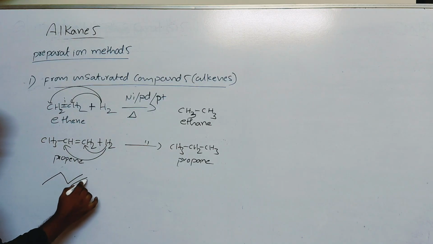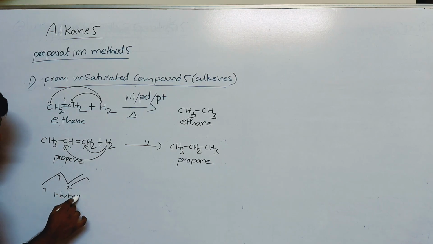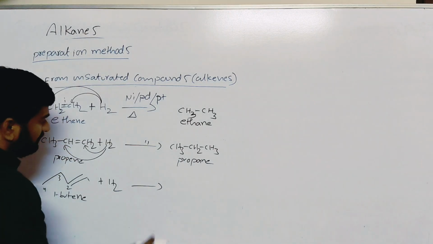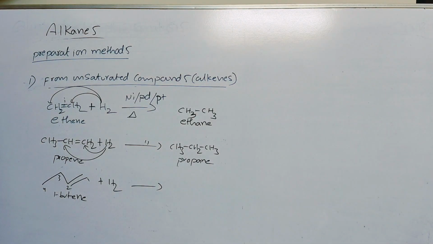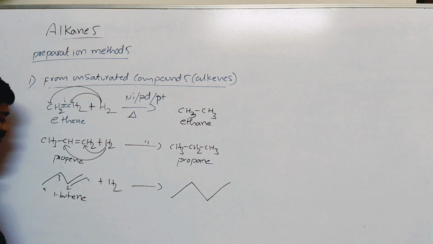Similarly, take a bond line structure: 1, 2, 3, 4. At the first position the double bond is there, so this is 1-butene. This is also hydrogenation. In the given bond line structure, you simply have to remove the double bond. If you remove the double bond, you get butane.